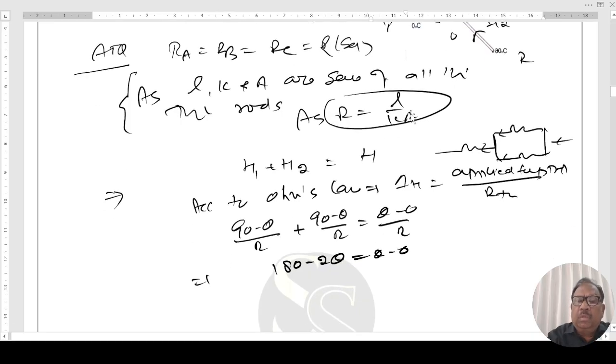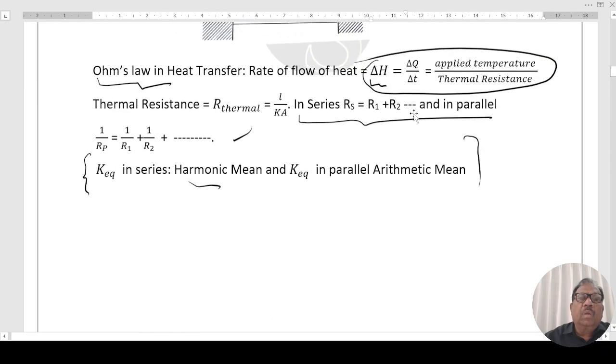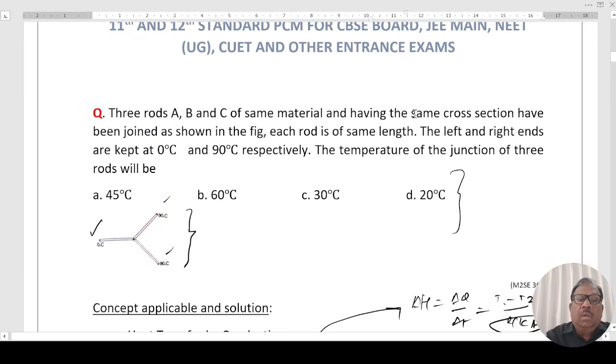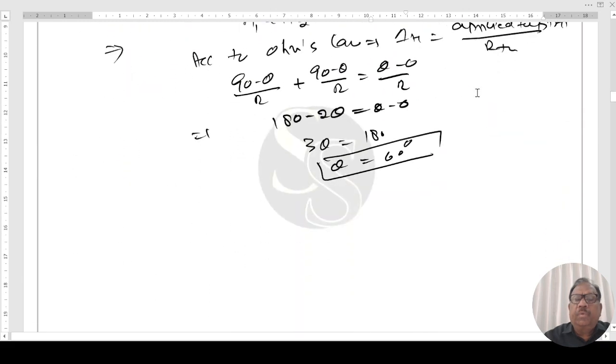So 3 theta comes out to be 180 degrees. Theta equals 60 degrees. So according to the question, option B is correct.